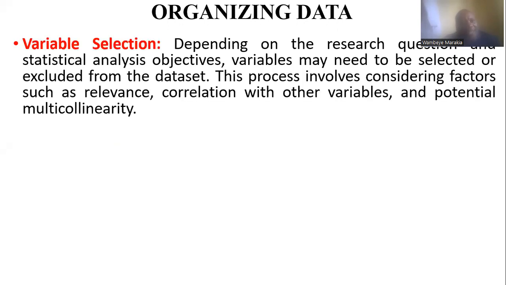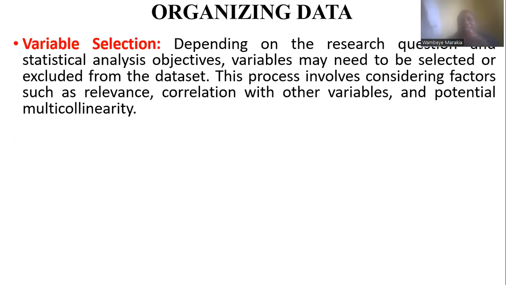Also, another thing we do in organizing data is variable selection. Depending on the research question and the statistical analysis objective, variables may need to be selected or excluded from the dataset. This process involves considering factors such as relevance, correlation with other variables, and the potential multicollinearity.